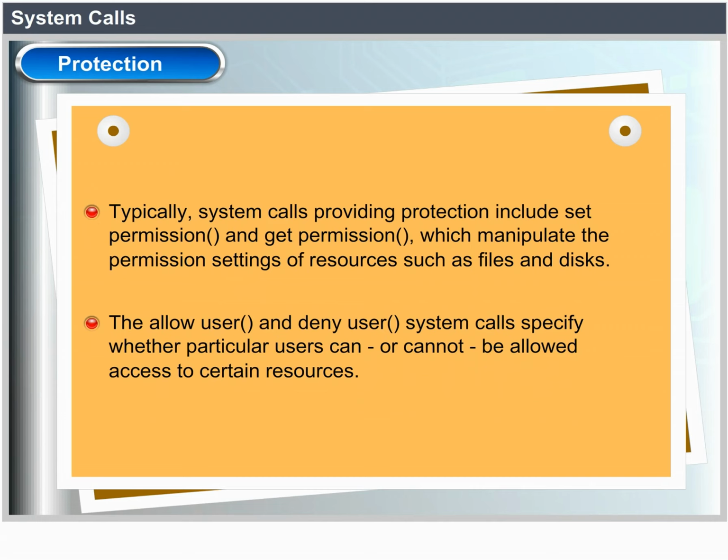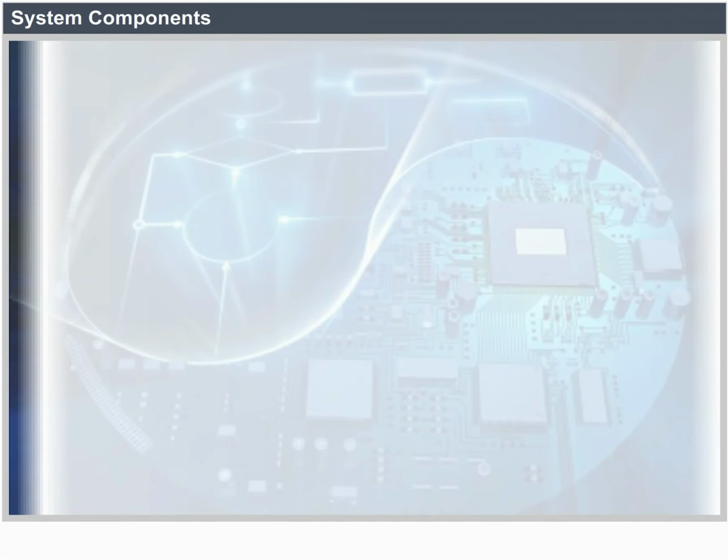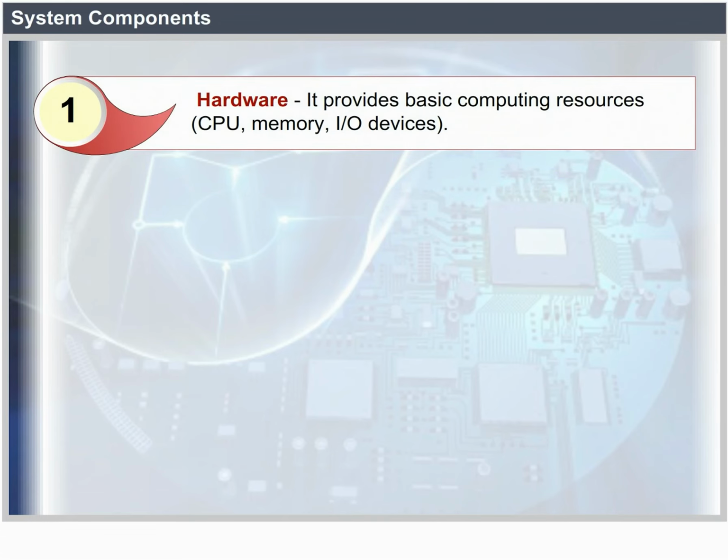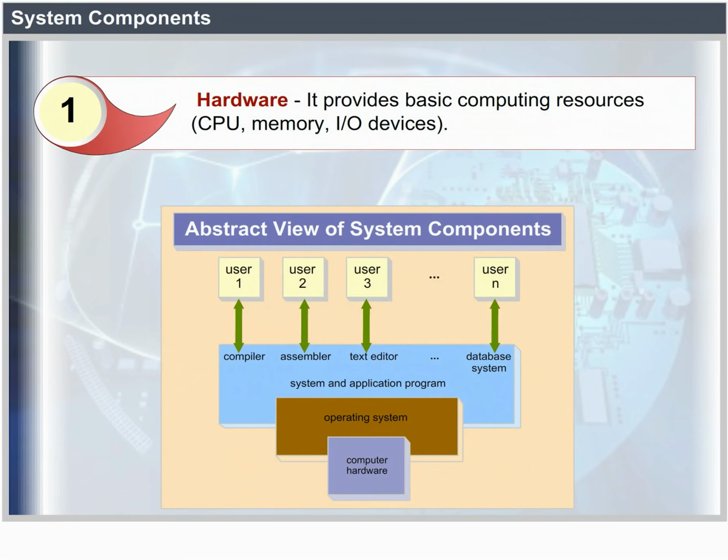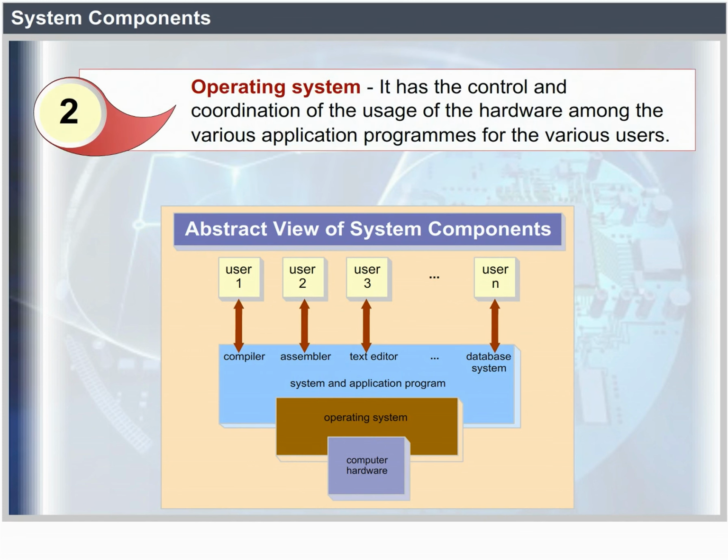System components. Hardware provides basic computing resources: CPU, memory, input-output devices. The operating system controls and coordinates the use of the hardware among the various application programs for the various users.